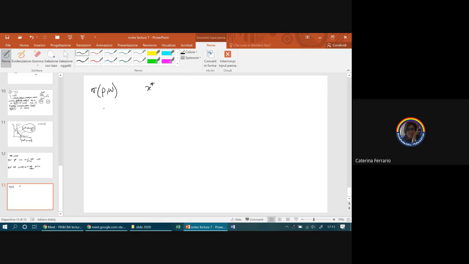We call it V of P, W, the utility value of the utility maximization problem for any P, W. Then similarly, we can define the expenditure function.